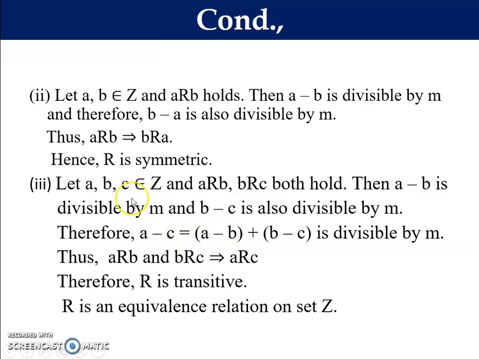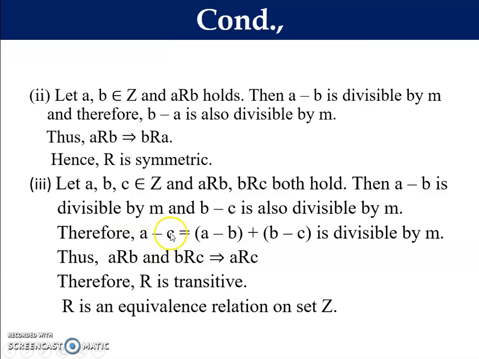Third, we want to prove that it is transitive. Let us take three elements a, b, c belonging to Z. Suppose a is related to b and b is related to c both hold. Now a minus b is divisible by m, and b minus c is divisible by m. If this is so, then a minus c must be divisible by m.